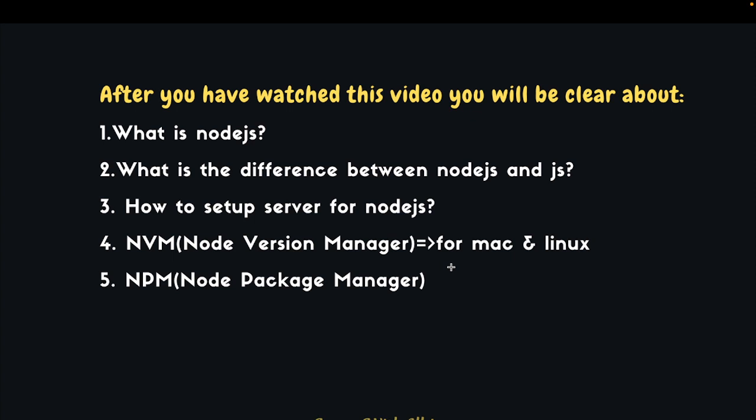We learned about the basic difference between Node.js and JS, and also we did a server setup, right? And we also learned about NVM and NPM too. And after this, we did the installation of Node.js, and we started a project on Node.js, right? So that is what we did in yesterday's video, in video number 1, right?